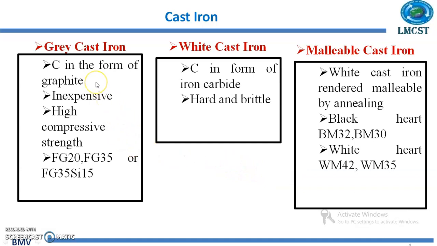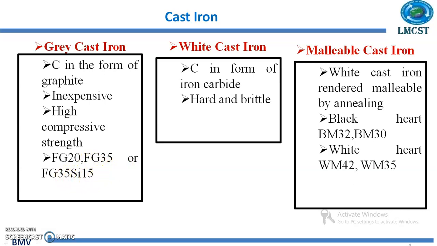The first one is grey cast iron. Here the carbon is in the form of graphite. The graphite is an excellent solid lubricant, and therefore it is easily machinable, but it is brittle in nature. It is inexpensive and has high compressive strength, and it is designated as FG20, FG35 or FG35SI15.